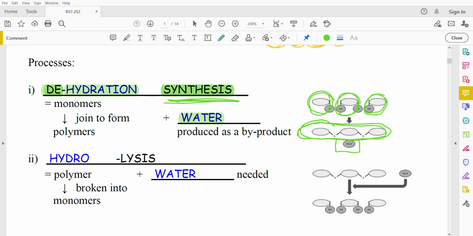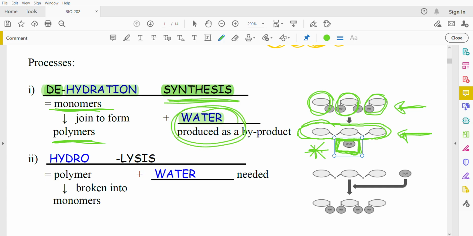This is the water molecule that is lost as part of the process of forming a polymer. So we take individual monomers here and join them together to form a polymer here, and as a byproduct we're forming water.